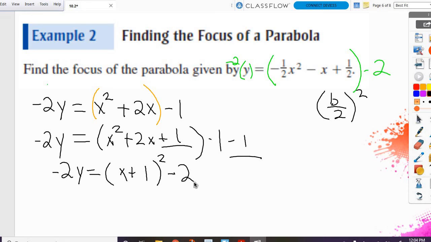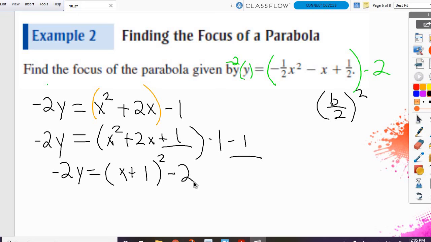Now, remember that we're dealing with our conic sections in a little bit of a different light. Normally when we had quadratics, we would have divided by negative 2 and had negative 1/2 times the quantity x plus 1 squared minus 1, and that's how we would have left it.